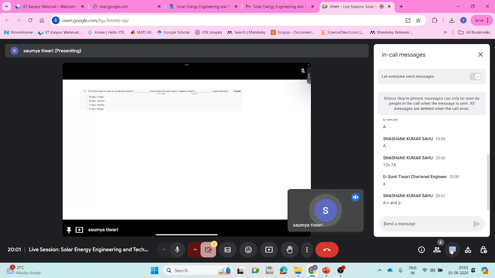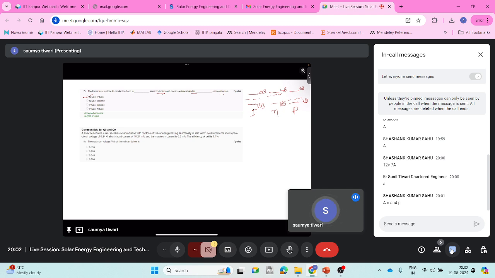So if you remember the diagram that we have seen in intrinsic and extrinsic type, this is intrinsic, this is N, say, and this is P type. So the Fermi level is midway. In N type, there is an excess of electrons, this is the conduction band, and this is your valence band. So in N type, the Fermi level is shifted toward the conduction band, and in P type, it's shifted to the valence band. So the answer will be N type and P type.